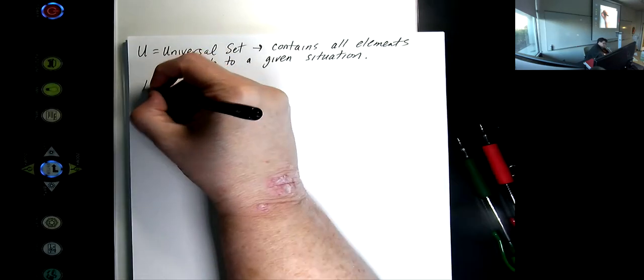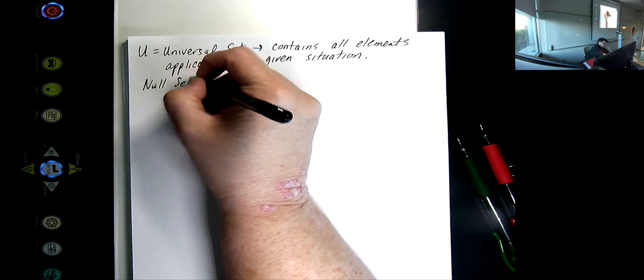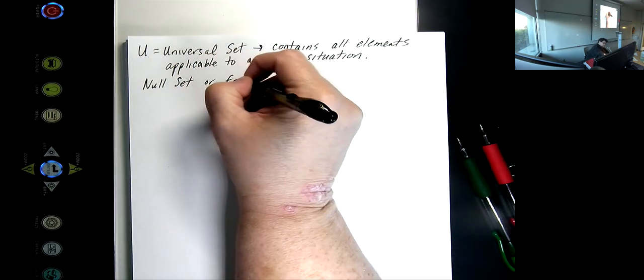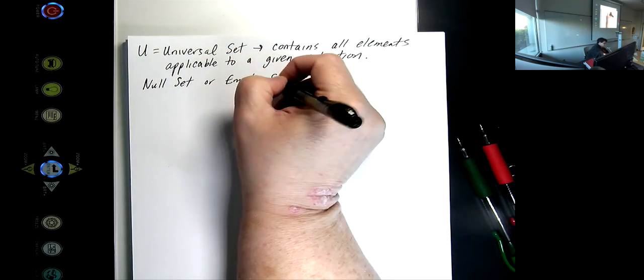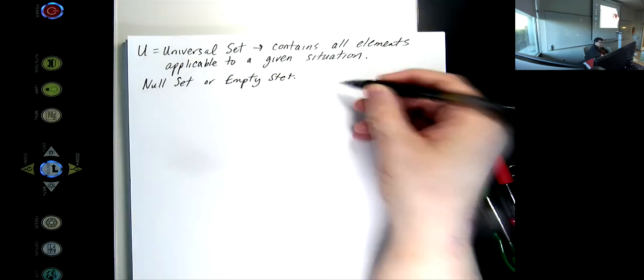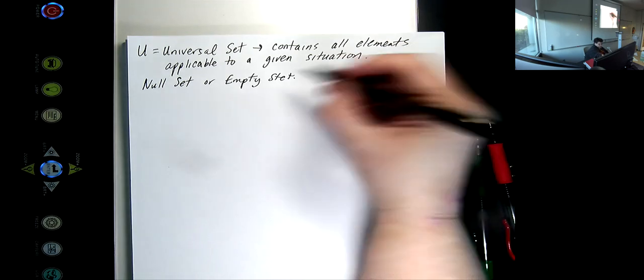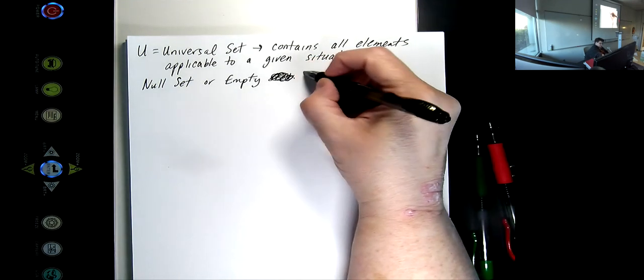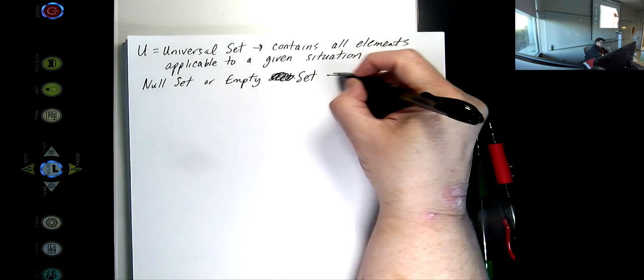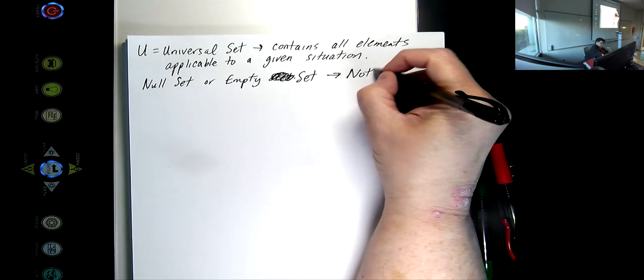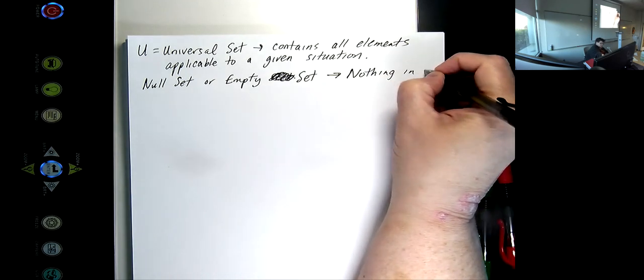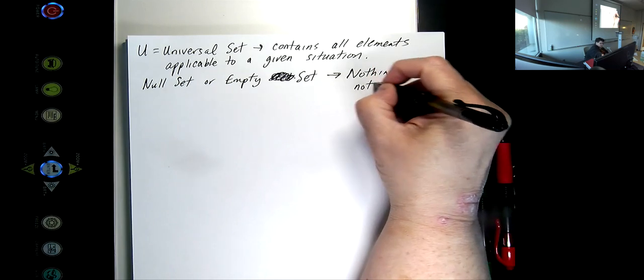There is the null set or empty set. There is nothing in it. Not even 0.